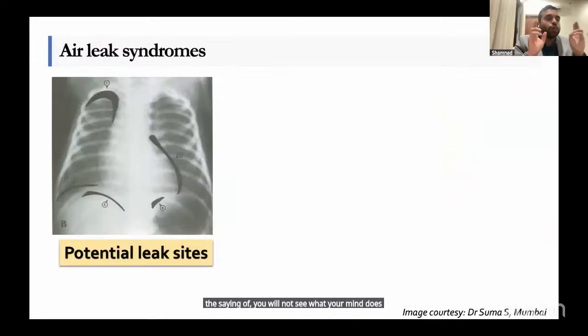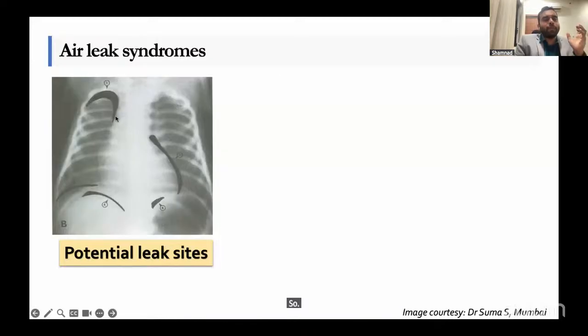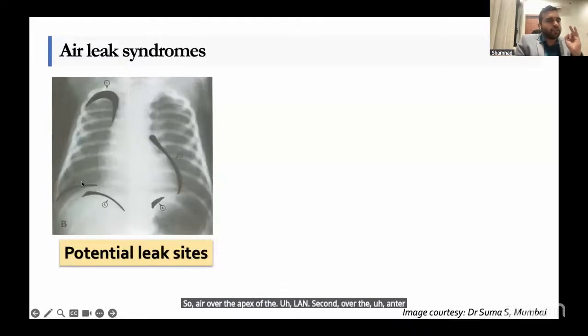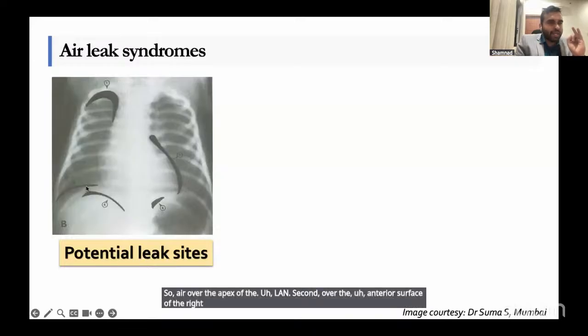This holds true because you should know the signs of potential air leak sites. So these are some of the potential air leak sites which you might miss. First, air over the apex of the lung. Second, over the anterior surface of the right diaphragmatic leaflet.